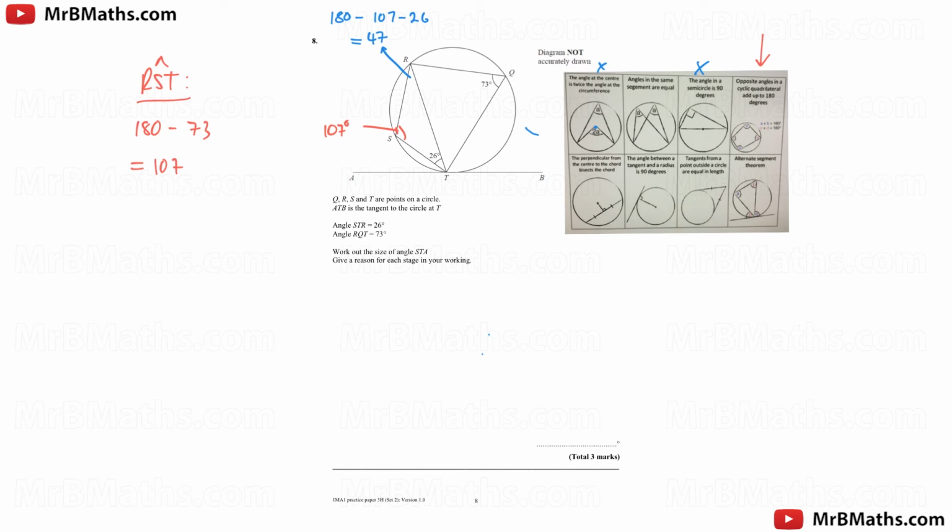So by working that out and looking at our circle theorems, obviously again this is going to be in your memory, can we match anything up with what we know?